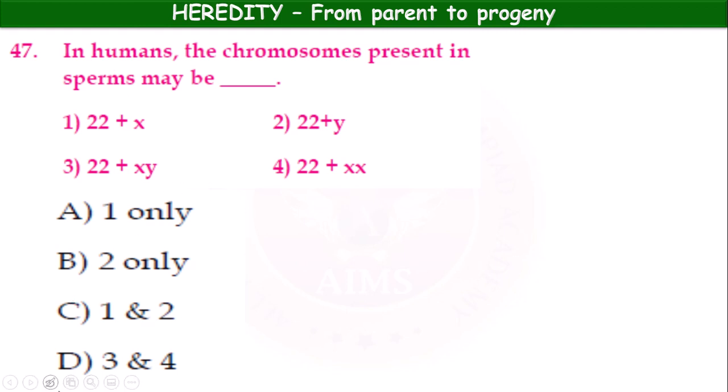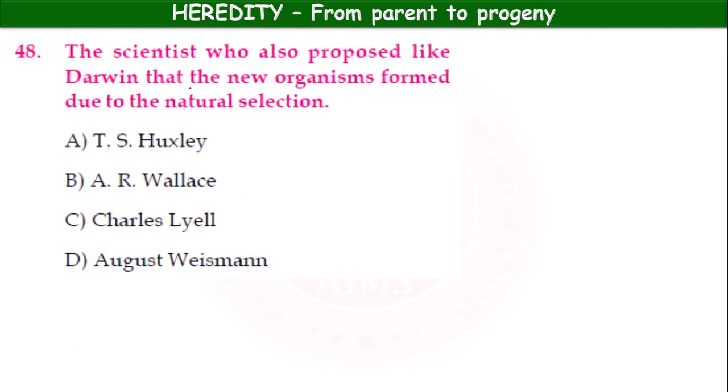The 22 plus XY combination is in the males, and the 22 plus XX combination is in the females. So, option D.